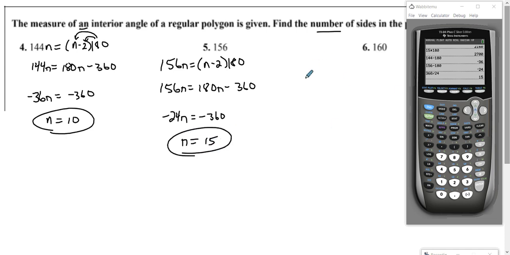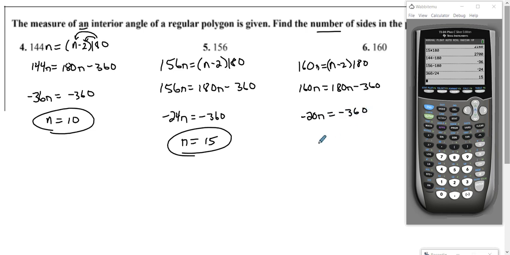15 sides. This one, 160n equals n minus 2 times 180. Distribute my 180, we get 160n equals 180n minus 360. Subtract 180n from both sides, we get negative 20n equals negative 360.